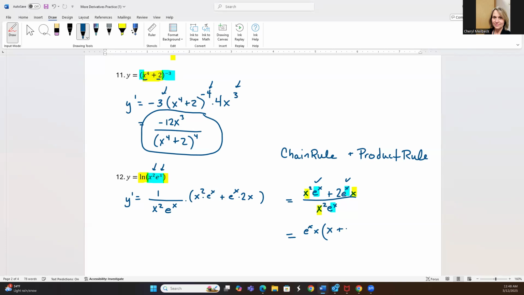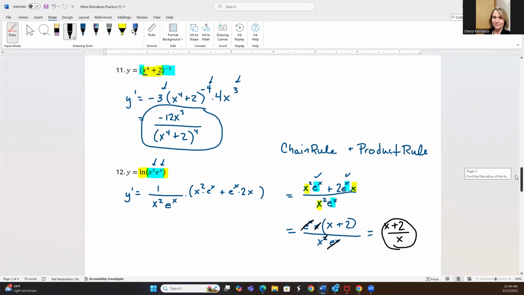And back here, I'll just have a plus 2 because my e to the x and x have been factored out front. And down here, we have x squared e to the x. Well, now these e to the x's will cancel, and this one x will cancel with one of these x's. So what we'll be left with, essentially, is x plus 2 over x. And you could split that fraction up if you wanted and simplify it further, but this works fine.